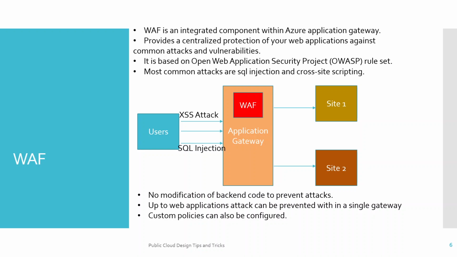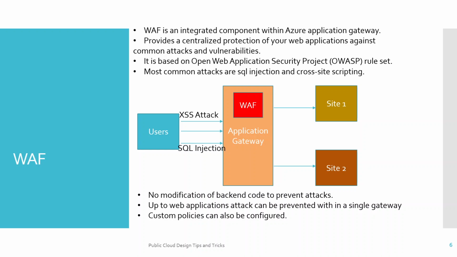This is a blueprint and it has its own rule set to protect against security attacks. It has been seen from experience that the most common attacks on a web application are SQL injection and cross-site scripting. So these are the two common attacks.